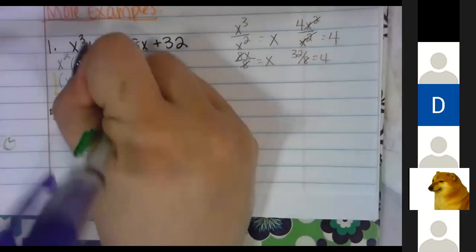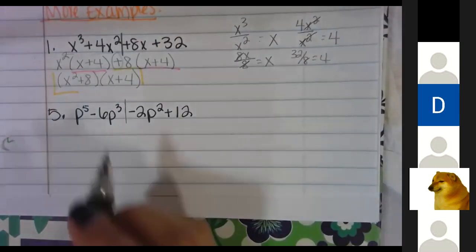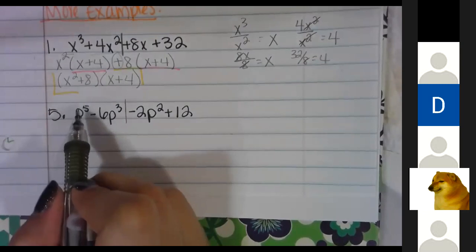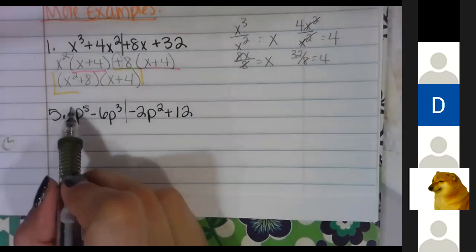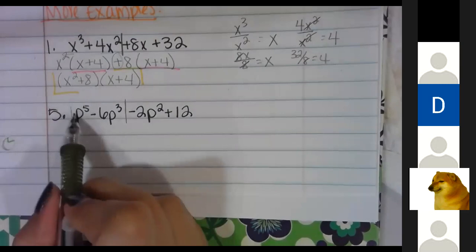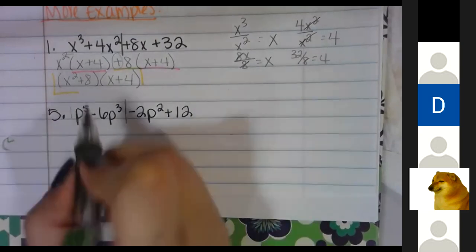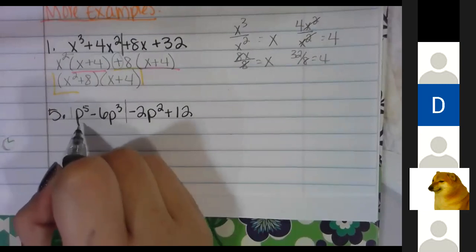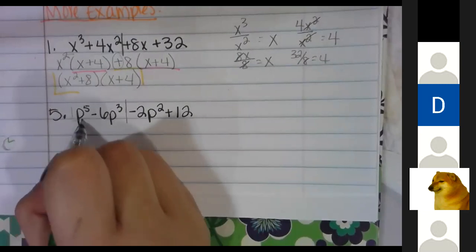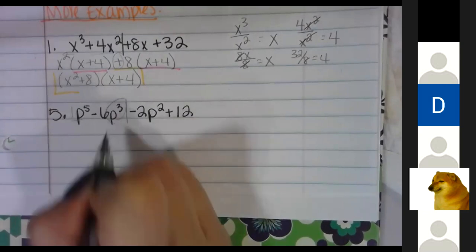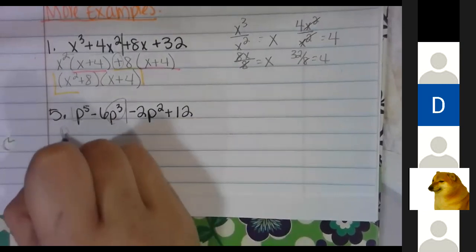All right, splitting this one down again in the middle. On the left side, since this one's a 1, you can factor out a 1. But then you have a p in both terms, and p cubed as the smaller one, so you need to factor out a p cubed.